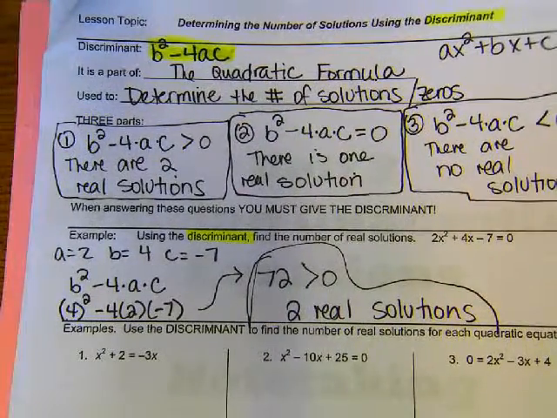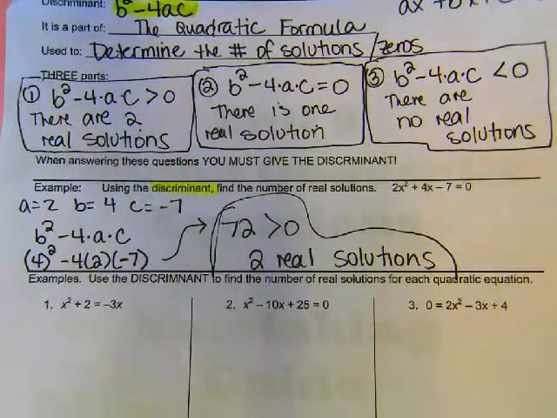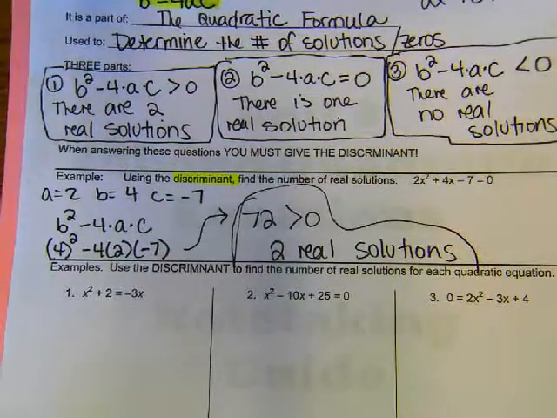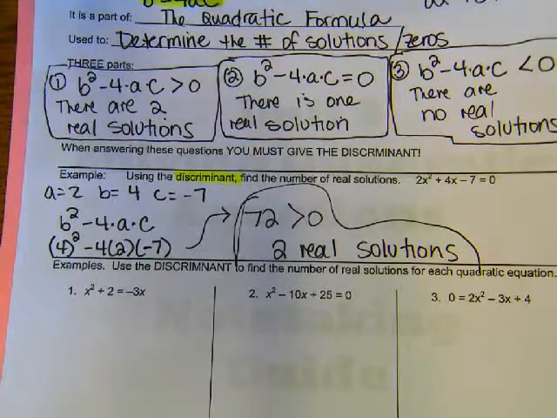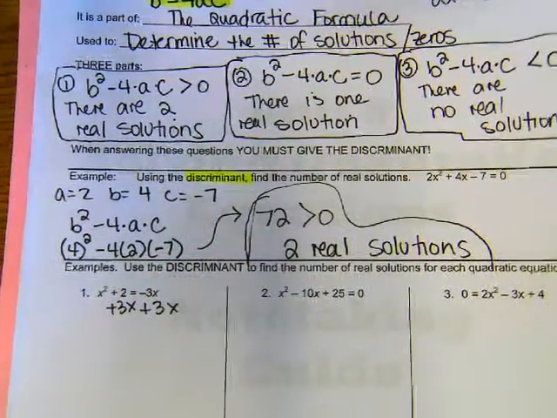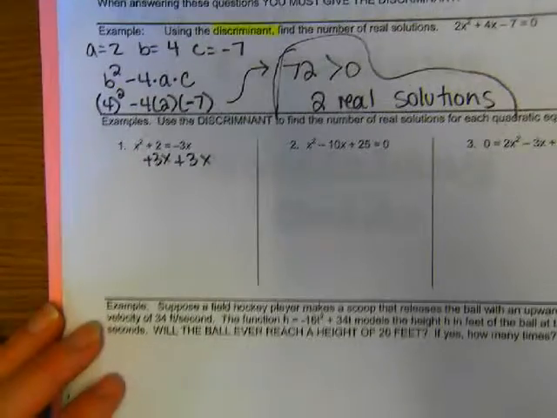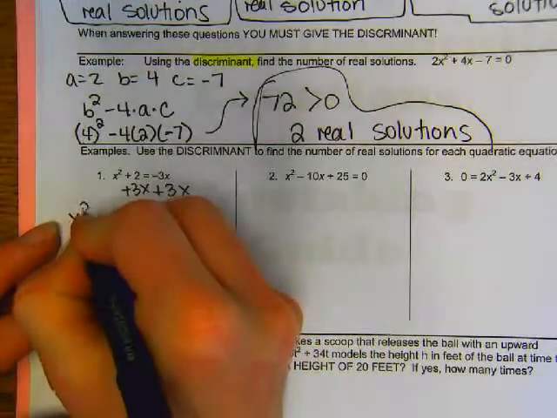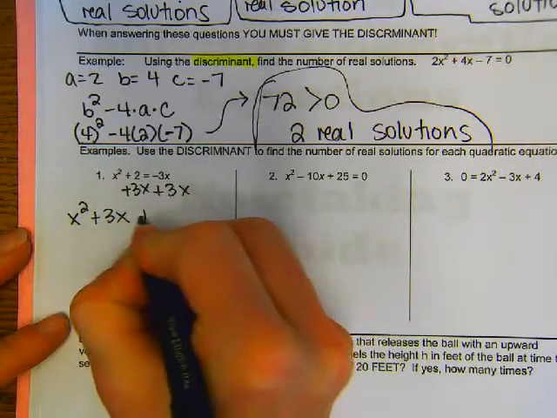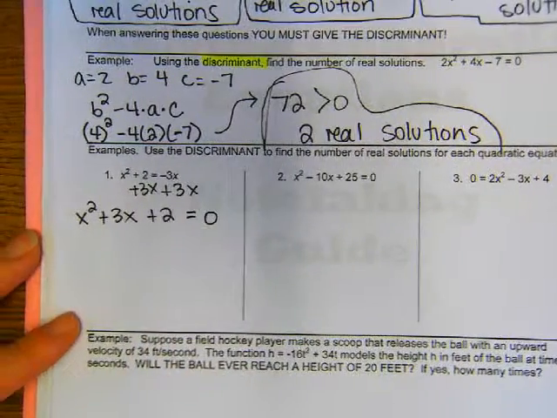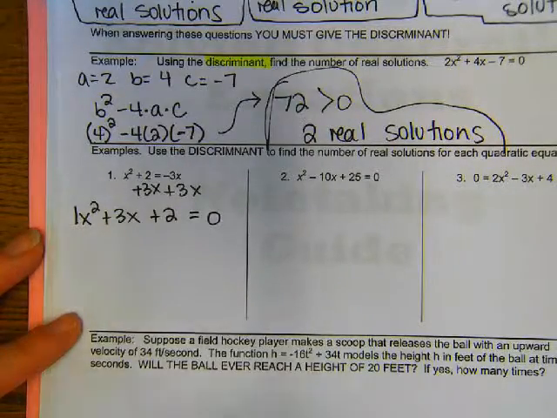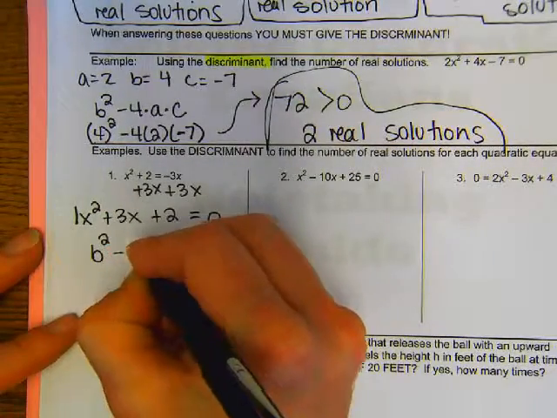So let's try number 1. What do I have to do with number 1 first? Add the 3x. Good. So we got x squared. What should I write next? Plus 3x plus 2 equals 0. If I need to put 1 there, I can put 1 there, so you understand what you wrote down if you look at this later.